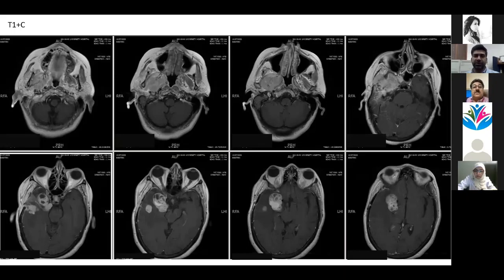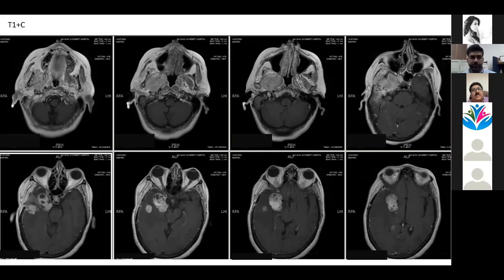Okay, thank you, sir. I wanted to ask Dr. Shumaila and Dr. Shayan's opinion: what critical neurovascular structures do you see involved in this lesion? Yes, it is very close to the cavernous sinus, and the way it is going through the neural foramina, it seems as if it is going through the foramen ovale.